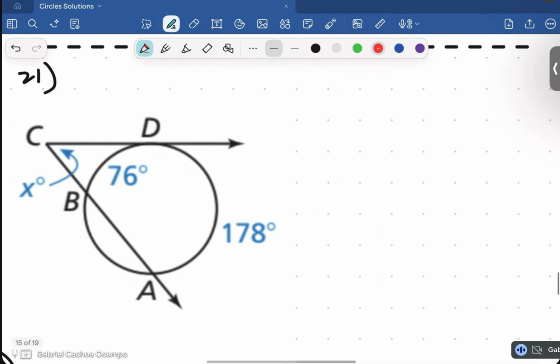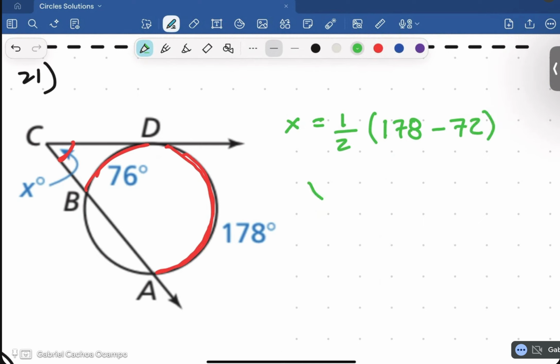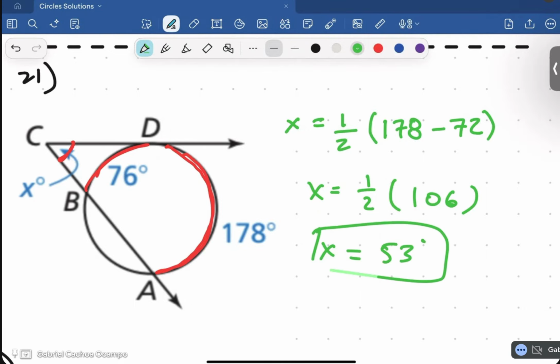It is outside, so I need to do a minus, the major arc minus the minor arc. So x equals 1/2 of 178 minus 76. O sea, x equals 1/2 of 106. X equals 53. Nice.